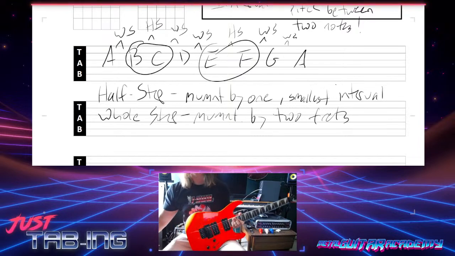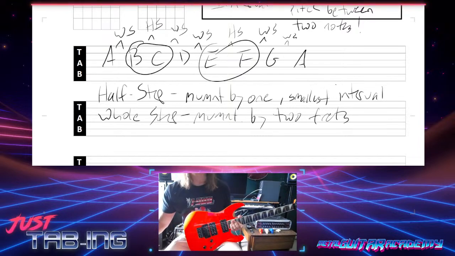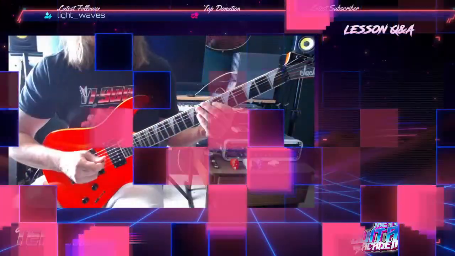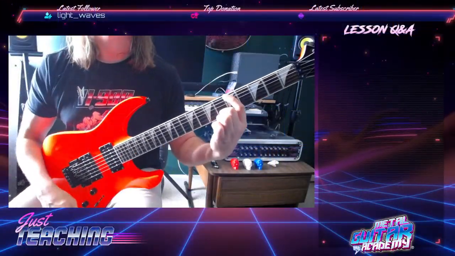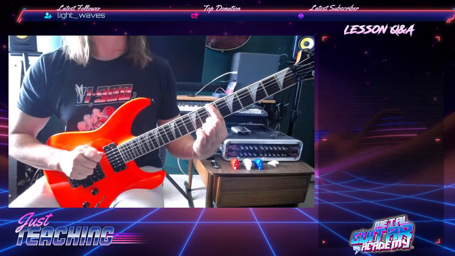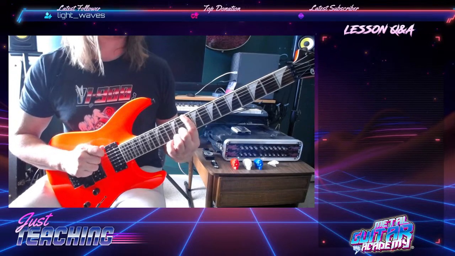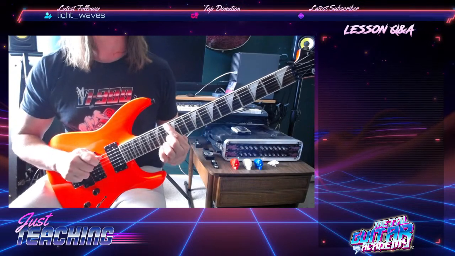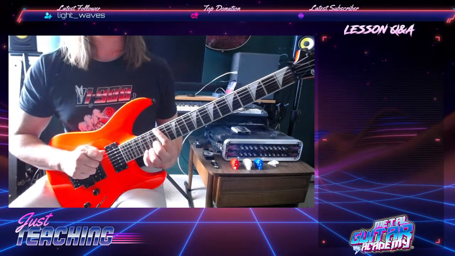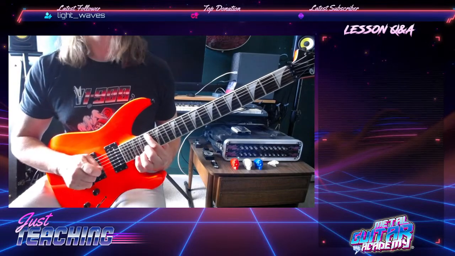These notes. If I just play A, B, C, D, E, F, and G, A, B, see it's a whole step, 2 frets, C, half step, D, whole step, E, whole step, F, half step, G, whole step, A.